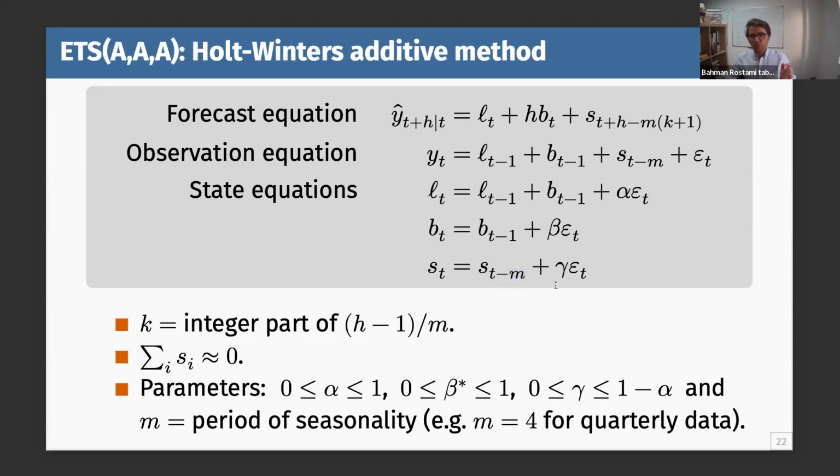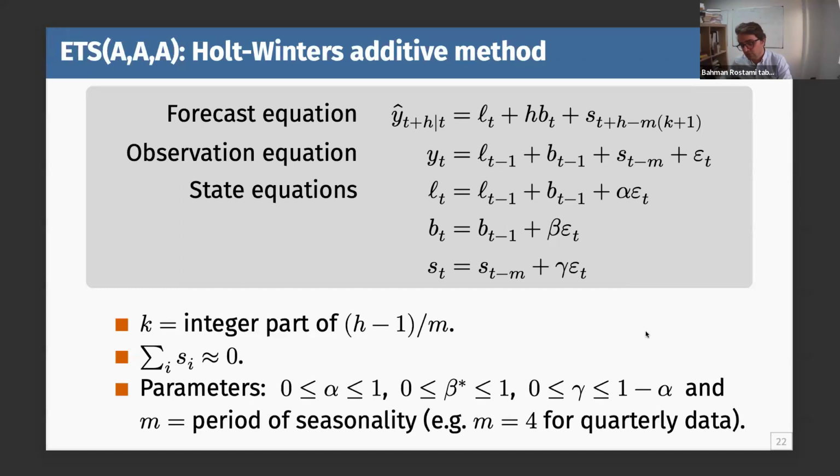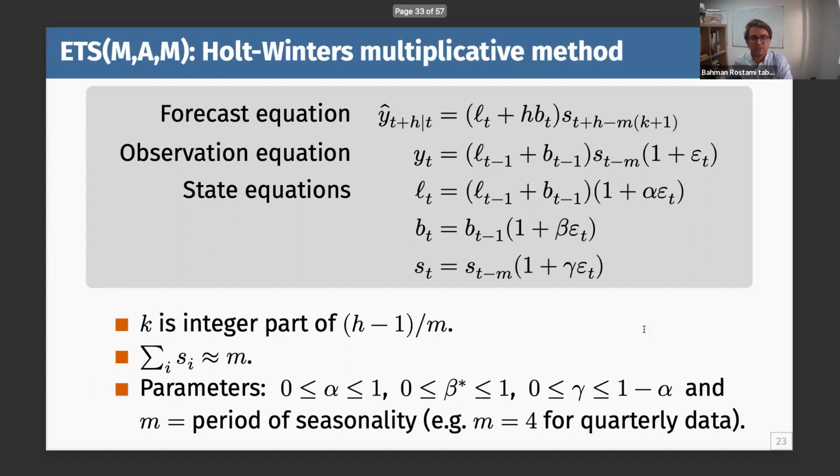So we can also add seasonality to the equations, and this is the additive form of it, but we can also have the multiplicative form. And of course, all the parameters that we discuss here also have a range that needs to be respected. These are included automatically in the ETS function.